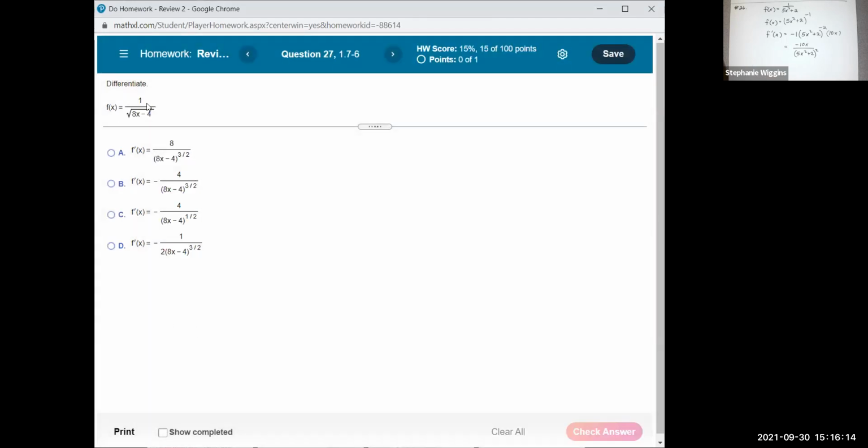All right. Here, the square root just means the power is a 1/2. And also because it's in the denominator, it's going to be negative 1/2. So this is number 27. f of x equals 1 over the square root of 8x minus 4.